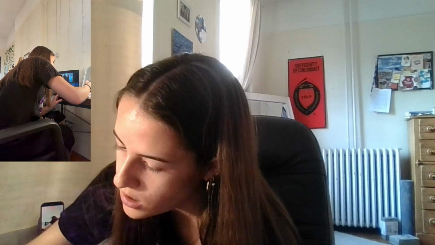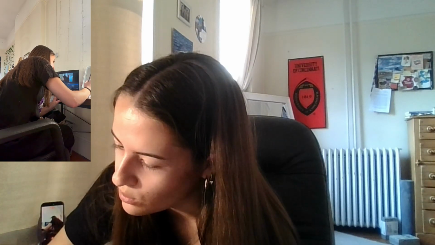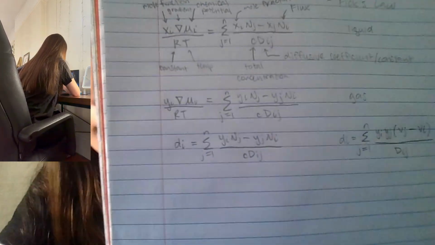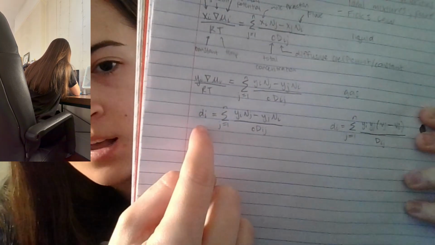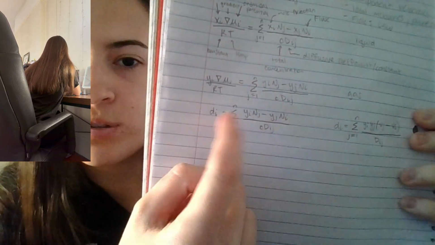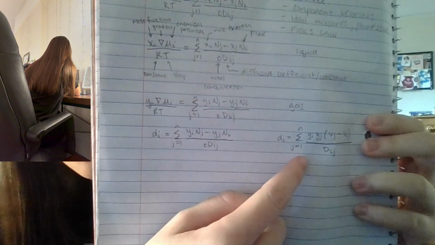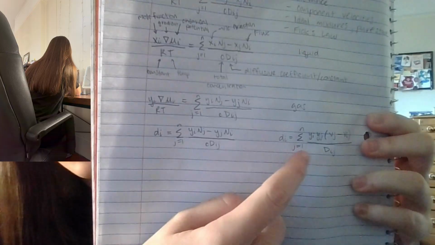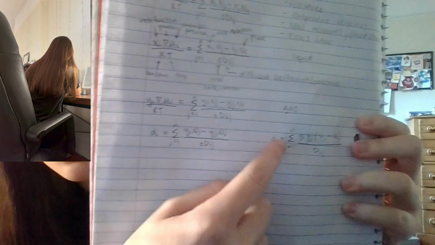And all of this is still going to be over the diffusive coefficient Đ_ij. All right, so what I've done here is I just simplified our original equation to make the left side equal to the driving force of i. And over here, this is the Maxwell-Stefan equation represented in terms of the component velocities.